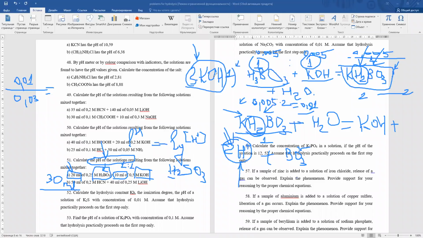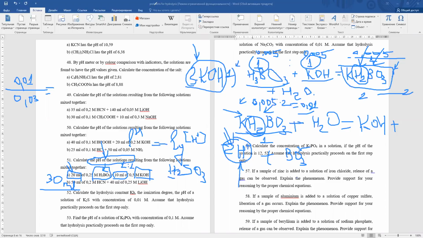Wait, wasn't I supposed to divide 0.005 by 0.03? And then I would have to multiply 0.005 divided by 0.03 by 2.